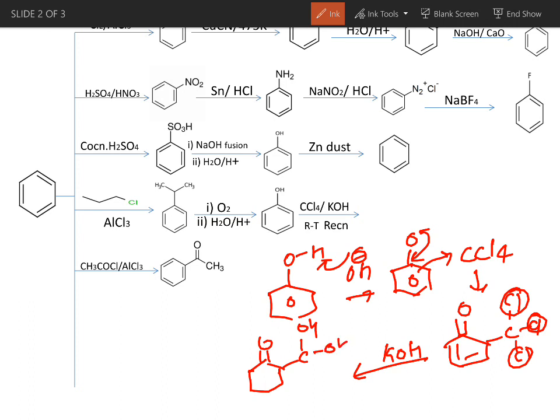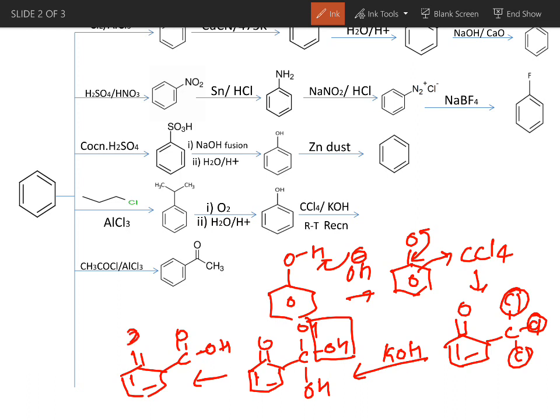Further with this base, all these Cl will get converted into OH, giving C(OH)(OH)(OH), which undergoes dehydration. On dehydration, it will give C double bond O OH, that is carboxylic acid, and here it undergoes tautomerization. This hydrogen will be abstracted by this oxygen and the ring gets aromatized.